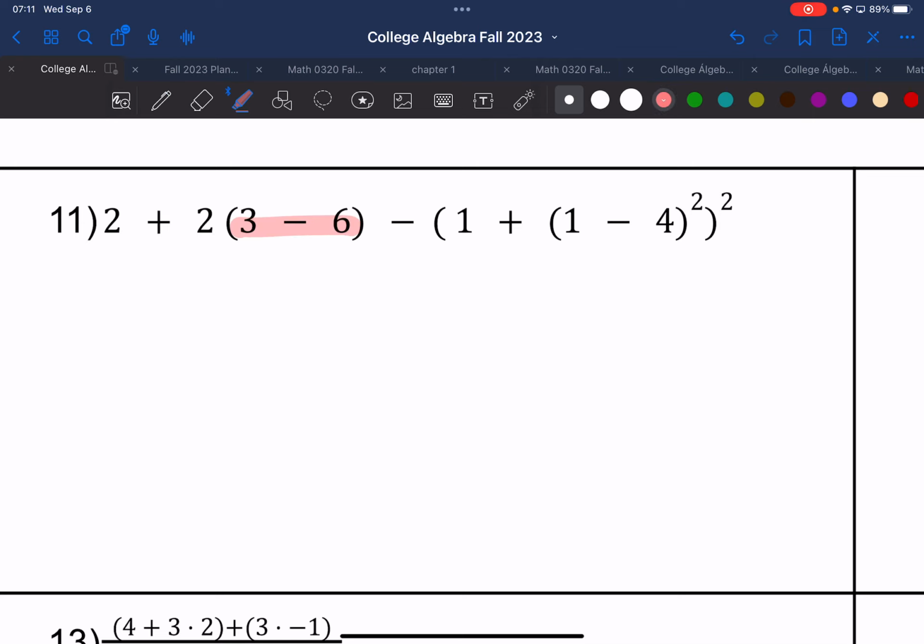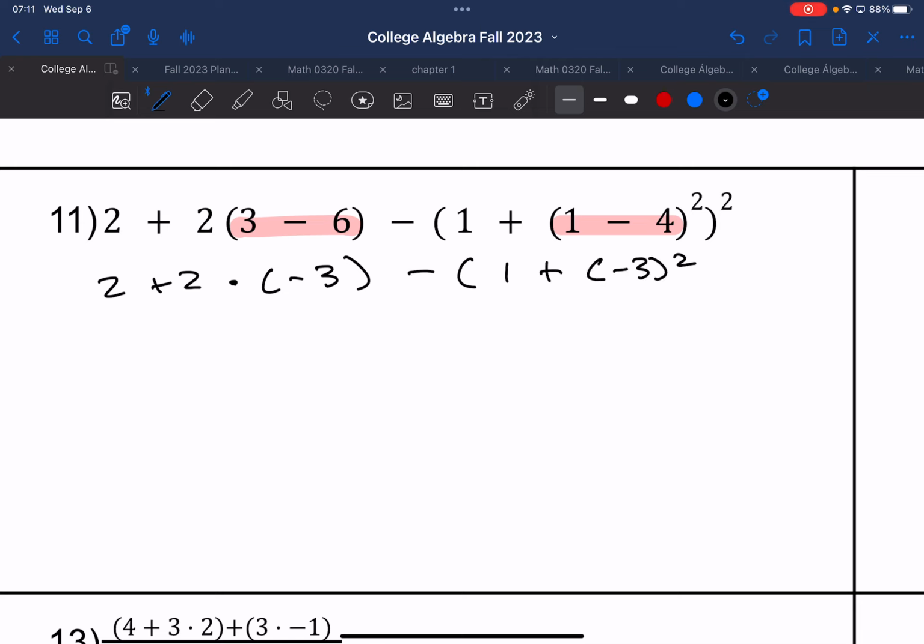So this 3 minus 6 and this 1 minus 4. So I have 2 plus 2 times negative 3. I'm putting that negative 3 in parentheses so we don't confuse that negative for a minus. And then minus 1 plus negative 3 squared.